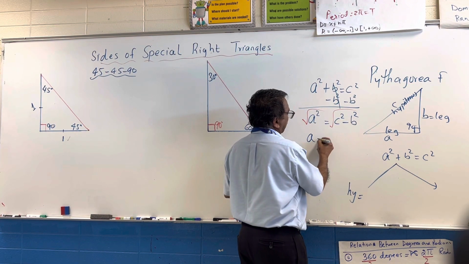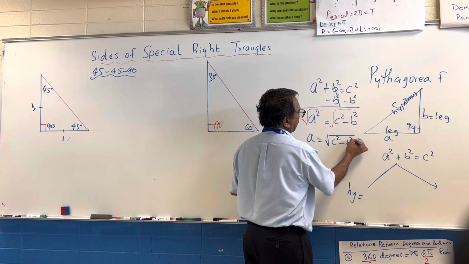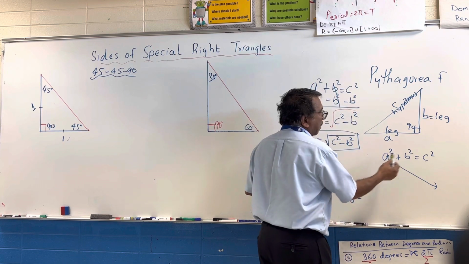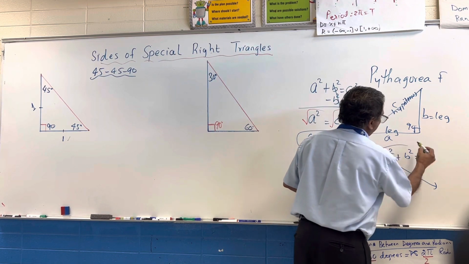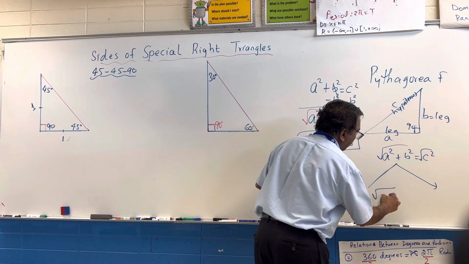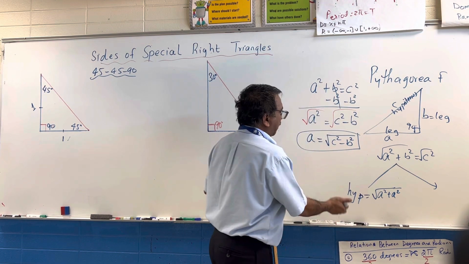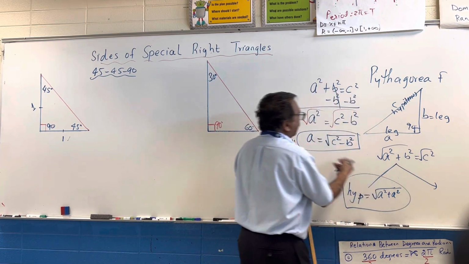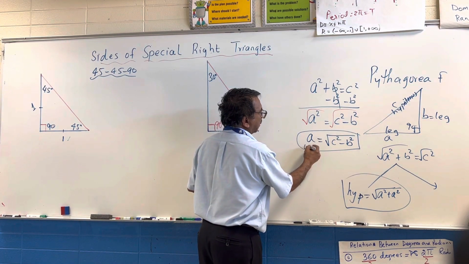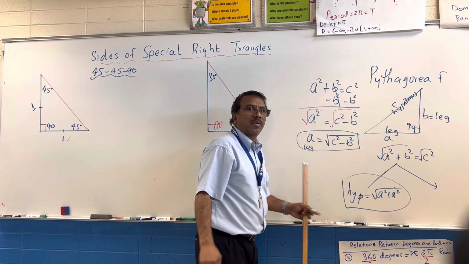So you get a is the square root of c squared minus b squared. The hypotenuse is the square root of the sum of the squares of the legs. We could use these two formulas directly: leg equals the square root of the difference of hypotenuse squared minus leg squared, and so on.